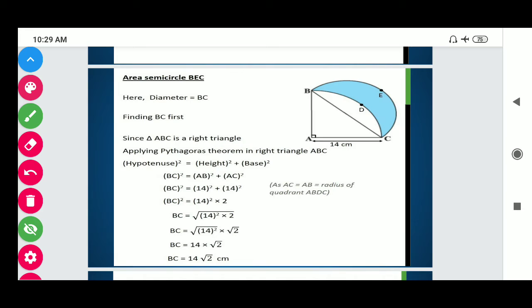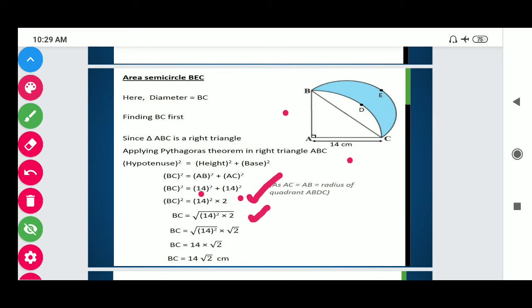So students, first we have to find the diameter BC. Here we have a right angle triangle. By using the Pythagoras theorem, we have perpendicular and base as 14 centimeter, so write here square of 14 plus square of 14. This will come 2 times.